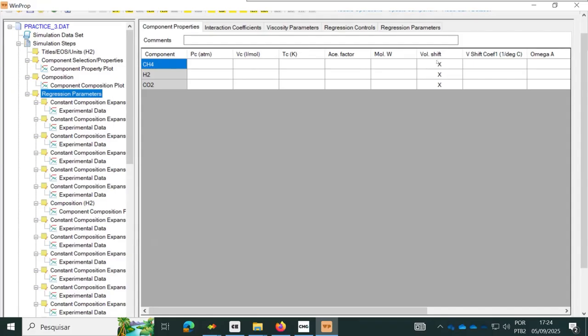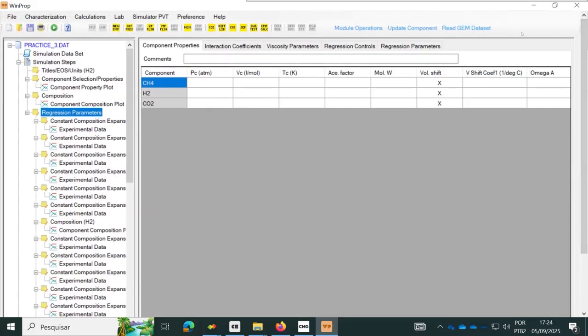I change only the volume shift because the volume shift was made to calibrate the density, and the density is the source of deviation that I want to fix. So that's the reason why I pick only the volume shift as the regression parameter for this example. And only doing this, I was able to calibrate all the data that I presented to you.